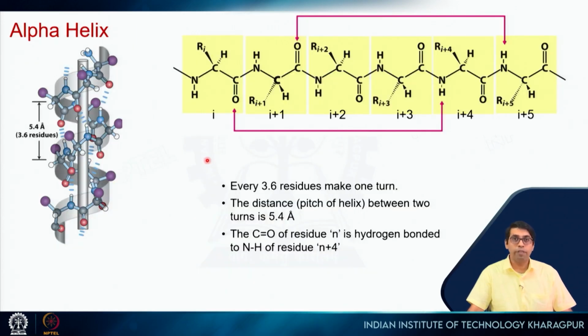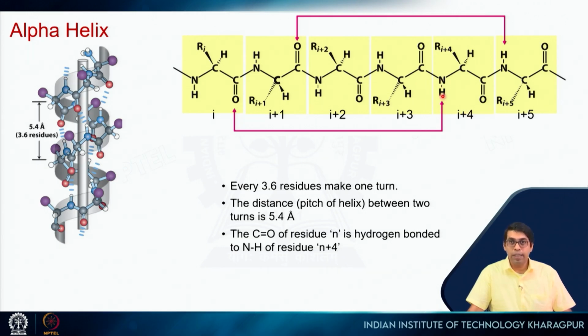So let's look at the alpha helix first. If I draw this peptide chain where I have amino acids i+1, i+2, i+3, i+4 and i+5, this folds into a helical structure like this and it forms a particular pattern of hydrogen bond. The carbonyl oxygen of the ith residue forms a hydrogen bond with the amide hydrogen of the i+4 residue.